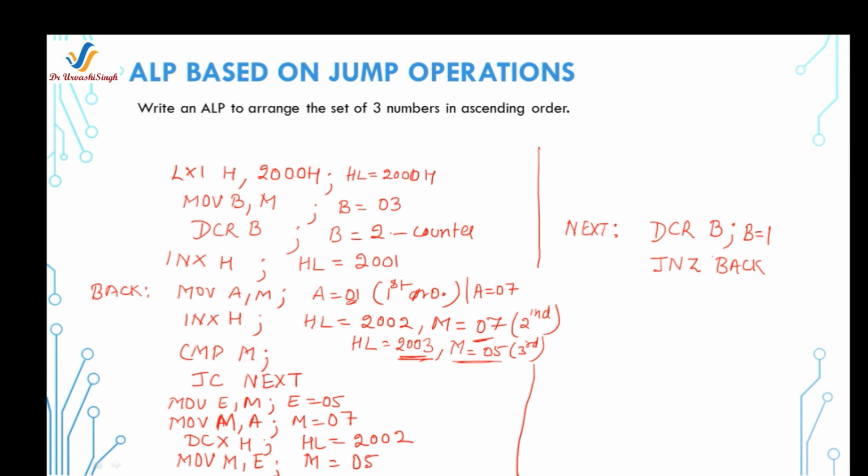Okay, after saving the second smallest number into the memory location 2002, once again you have to increment the memory pointer. Why? Because we have to point to the next location, that is 2003.